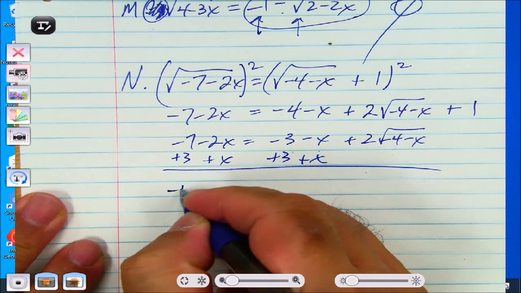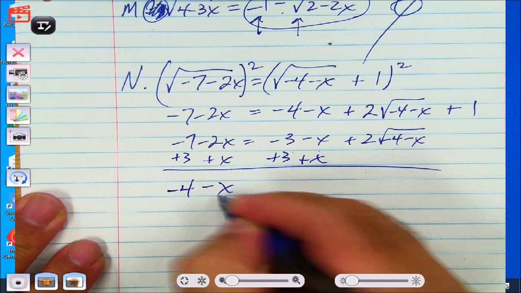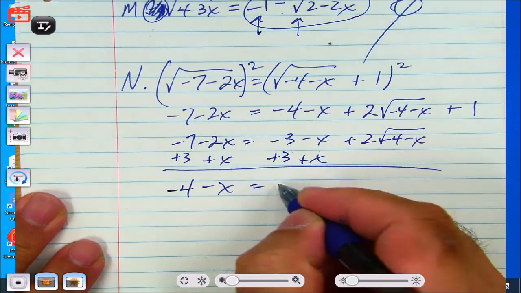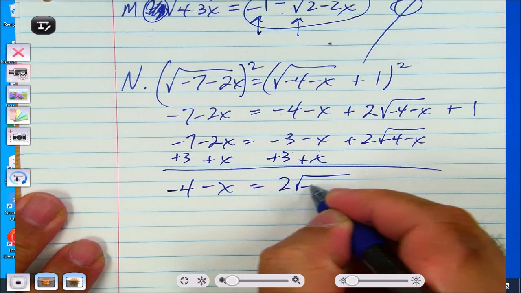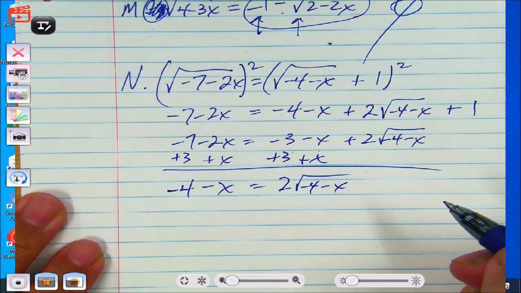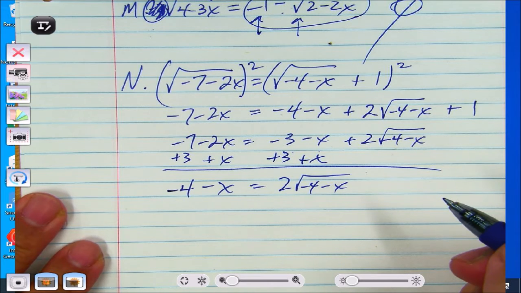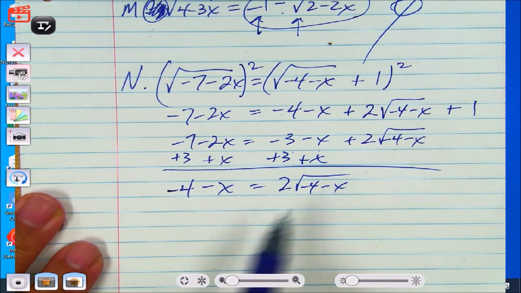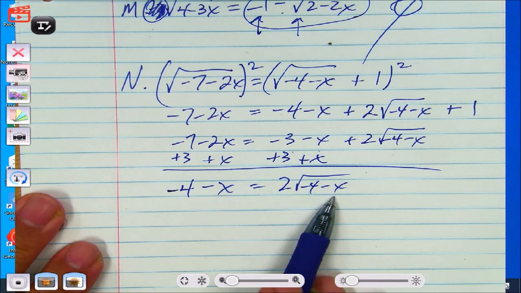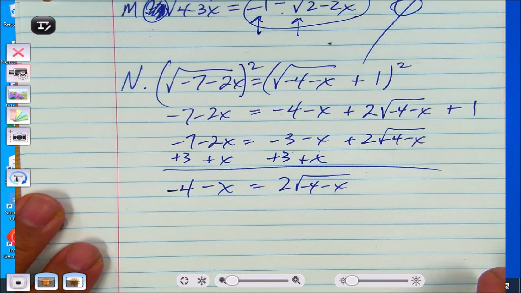So that becomes negative 4 minus x equals 2 root negative 4 minus x. I got a negative 4 minus x and a negative 4 minus x. Did I do anything wrong? No, it doesn't look like it.